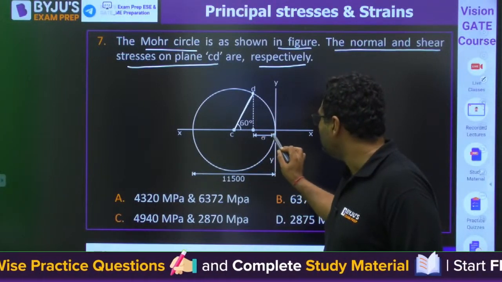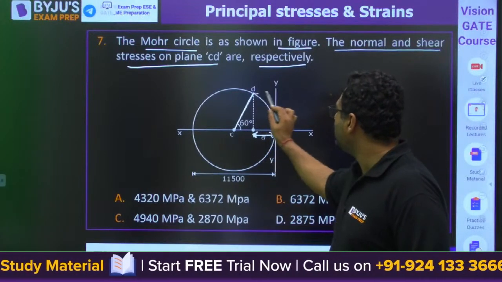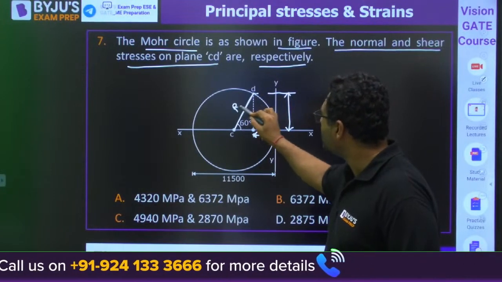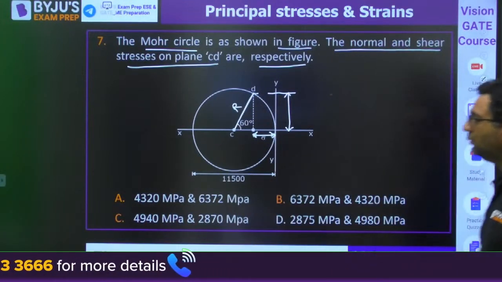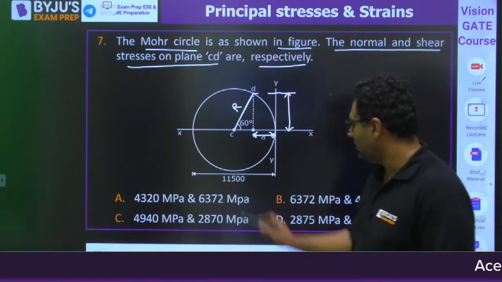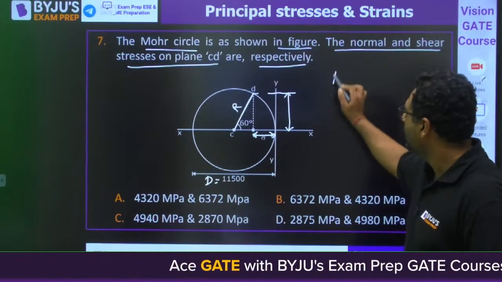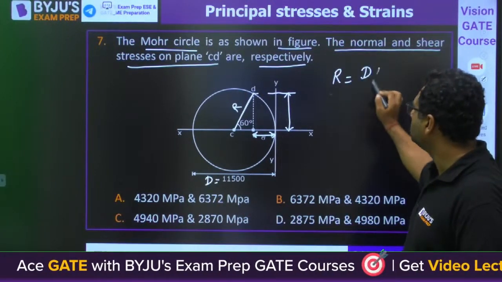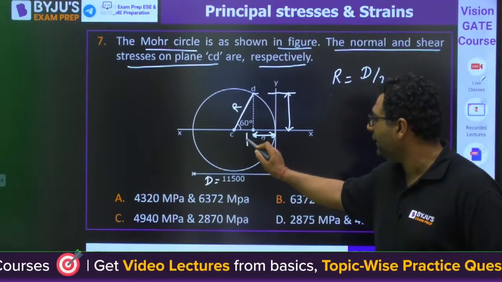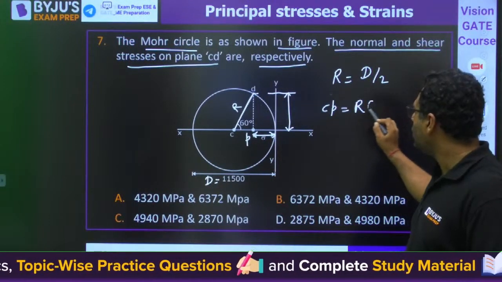You know that this will be the normal stress. Everything is measured from the origin. And this will be the shear stress. This is the radius. Try this. Because diameter is given to us, you can find out radius. Radius is d by 2. Then if this point is, let us say P, then CP is R cos 60.